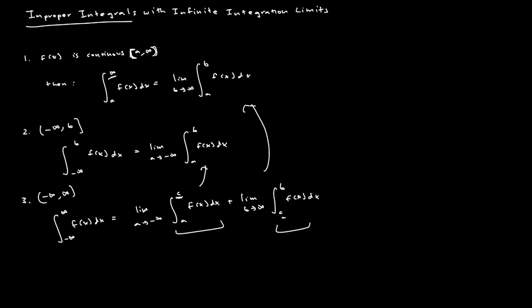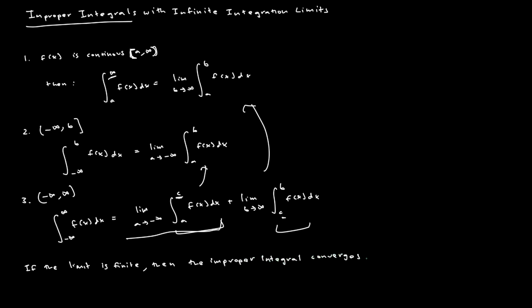But one thing to note is that in the example that motivated all of this, we saw that we converged to a value, right? So that's not always necessarily the case. The limit might not actually converge. So what I mean by that is if these evaluations are finite, so we get a constant value back, then the improper integral converges.